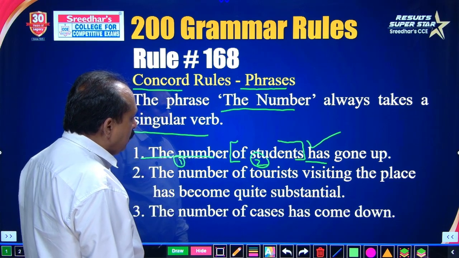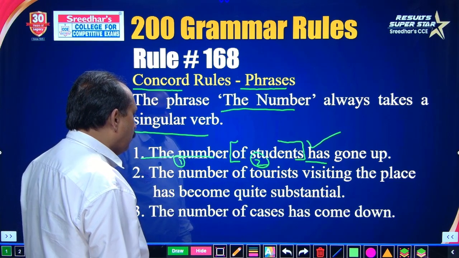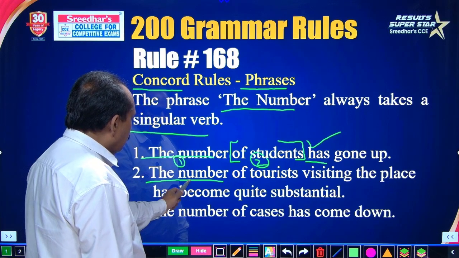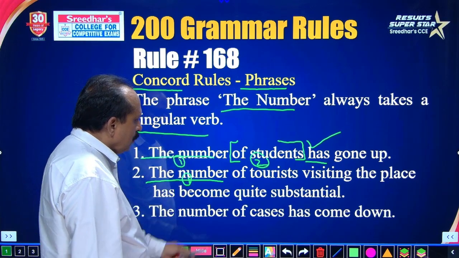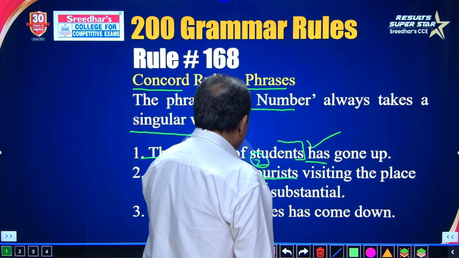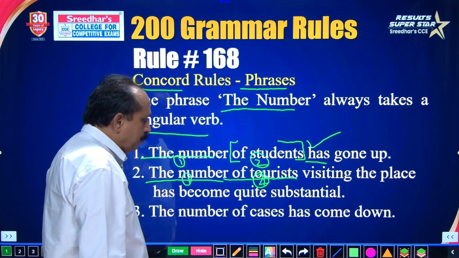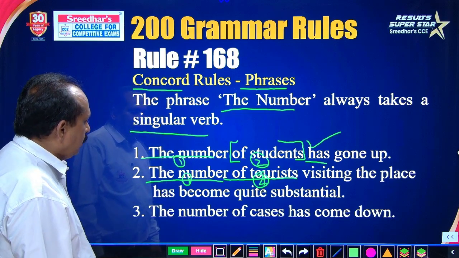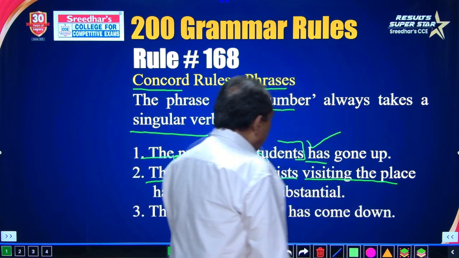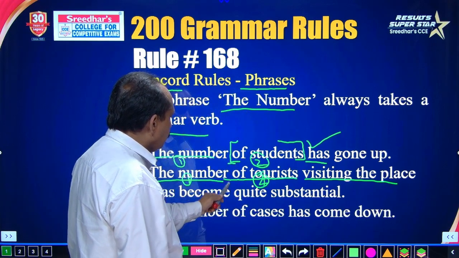The number of tourists visiting the place has become quite substantial. Here we have the number, the subject; of tourists, another phrase. Phrase 1, phrase 2. And visiting the place is again an extension. All these you should not consider.